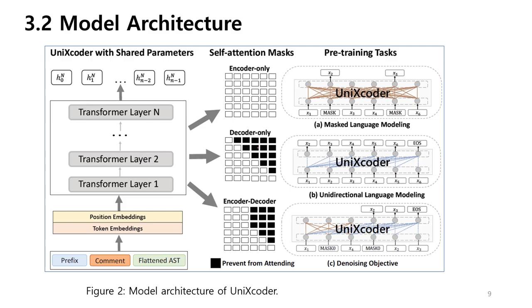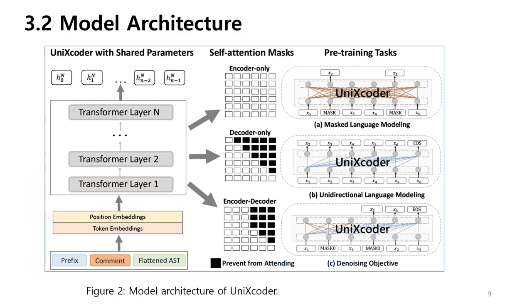That's why we blank out the future tokens. On the encoder-decoder model, we attend to all tokens from the encoder side plus tokens previous to the current token. So this is an illustration of the attention mechanism in this model.